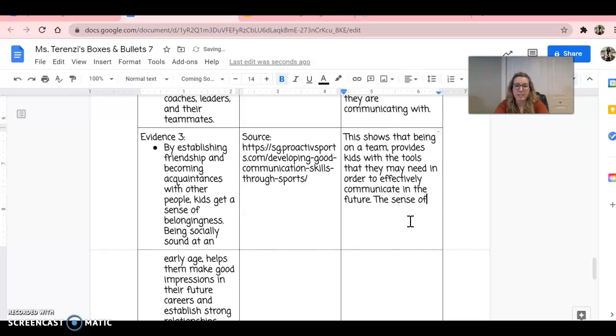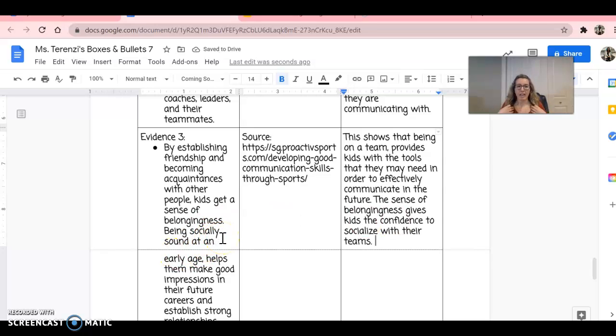The sense of belongingness gives kids the confidence to socialize with their teams. So think about it this way.